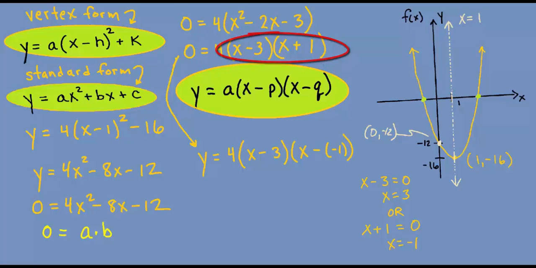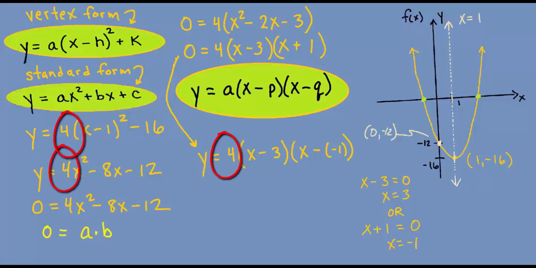Now, also notice that the X-intercept form keeps that same A we keep seeing in all the other forms, right? That A out front is the same A in vertex form. It's the same A in standard form. So all three of these forms have an A value, which will always stay the same, and always tell you whether it's facing up, down, wide, or narrow.